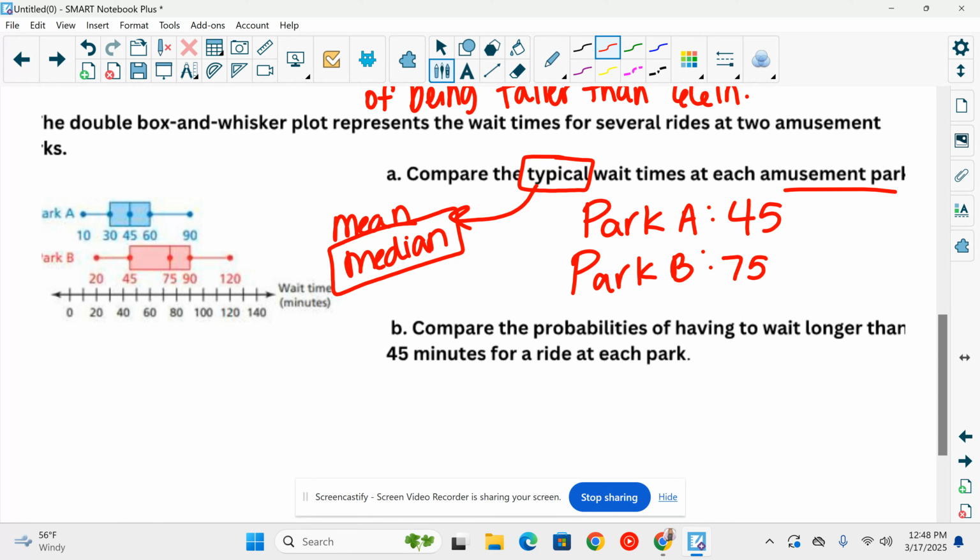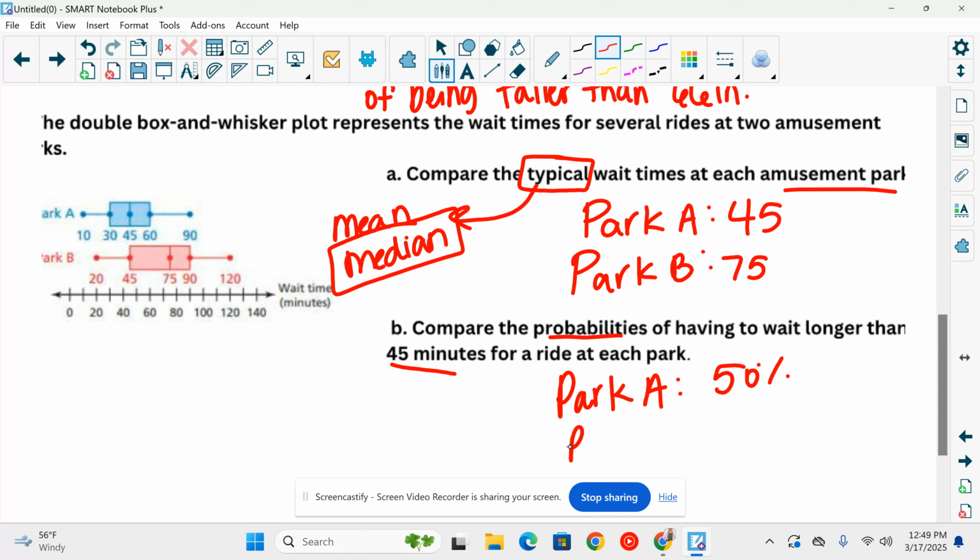Part B says compare probabilities of a wait time longer than 45 minutes. So if I look at Park A, what's its probability of waiting longer than 45 minutes? There's two sections after 45, right? Which gives me 50%.